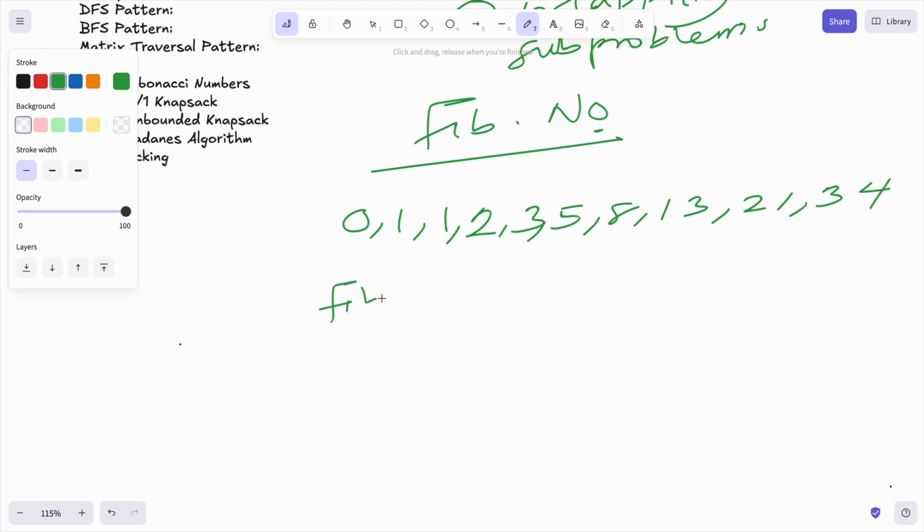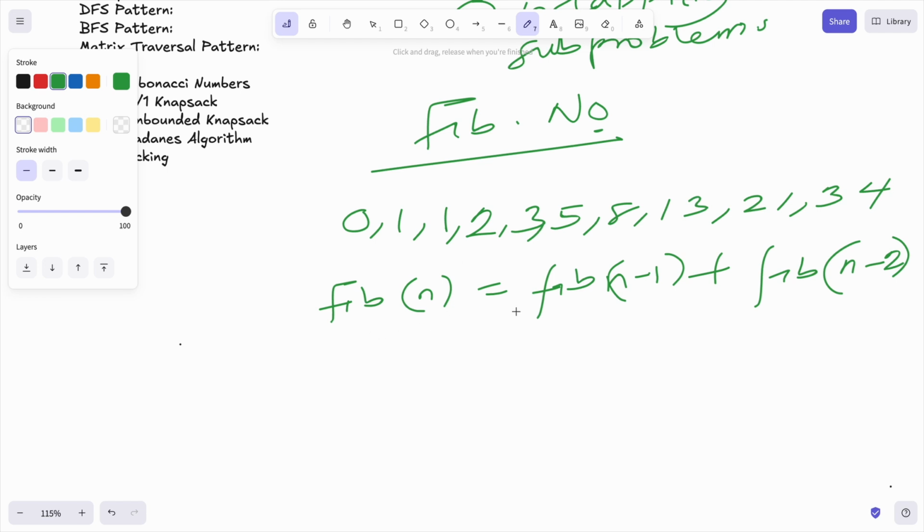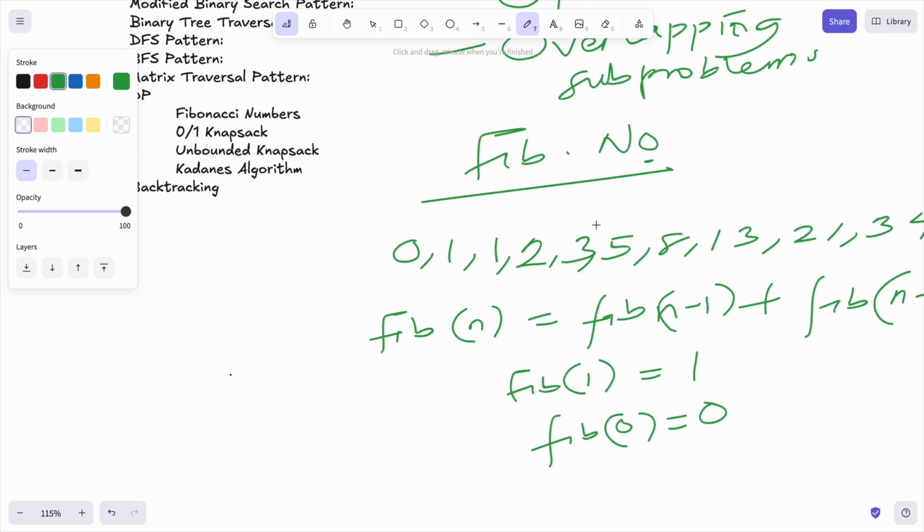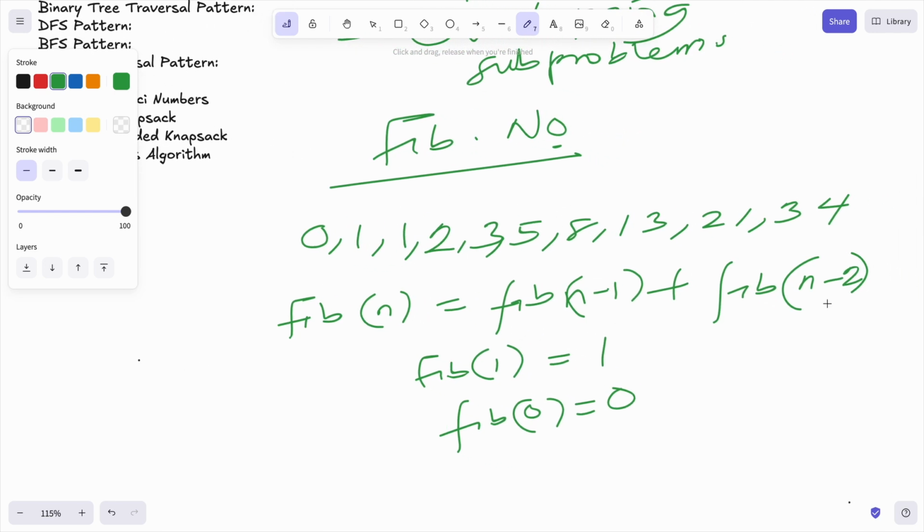We said that fib of n is equal to fib of n minus 1 plus fib of n minus 2, highlighting the fact that when we have fib of 1, just return 1, and when we have fib of 0, we have 0. So this is an optimal substructure.